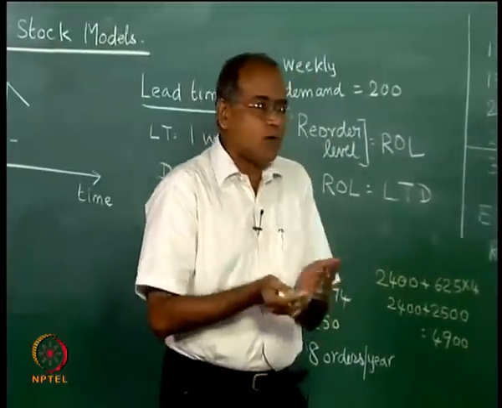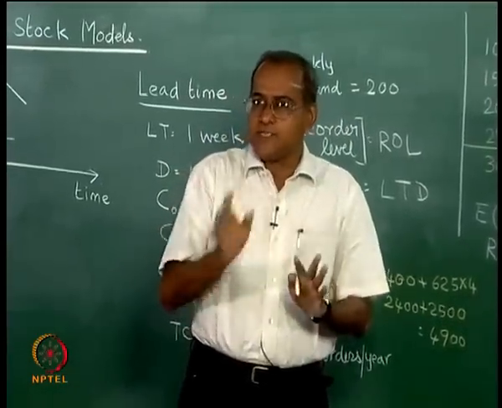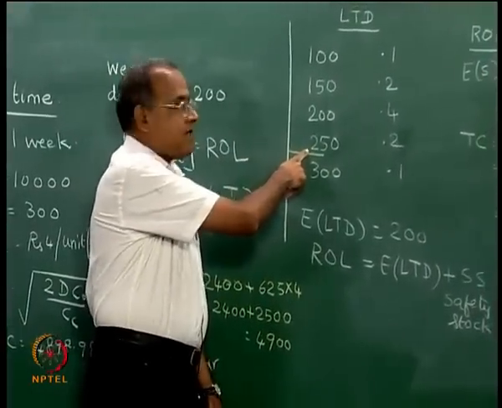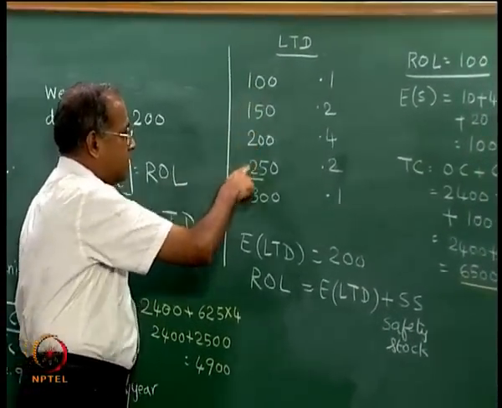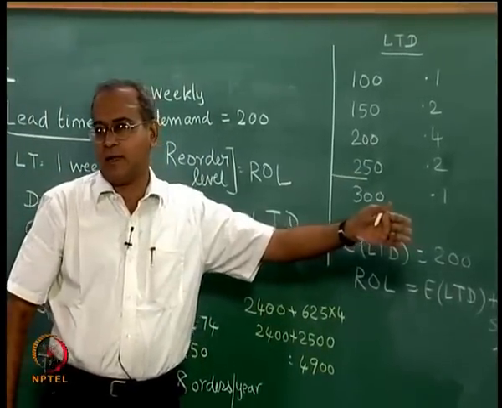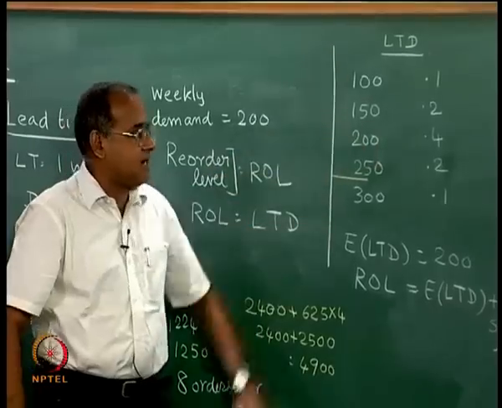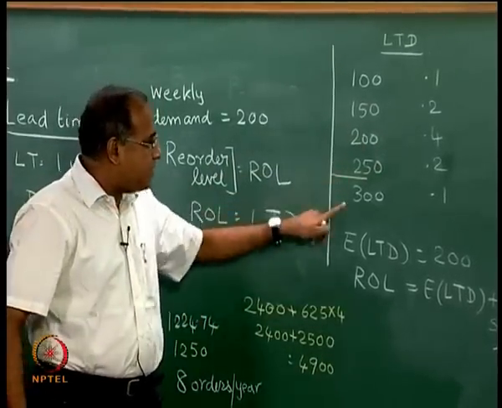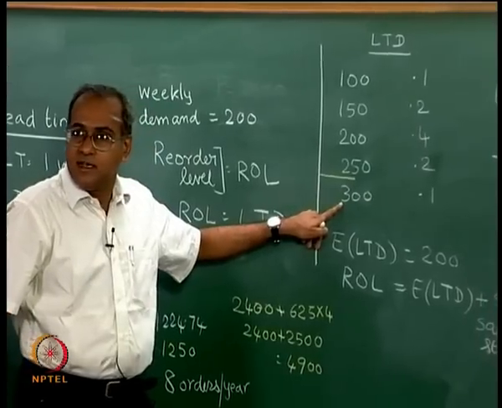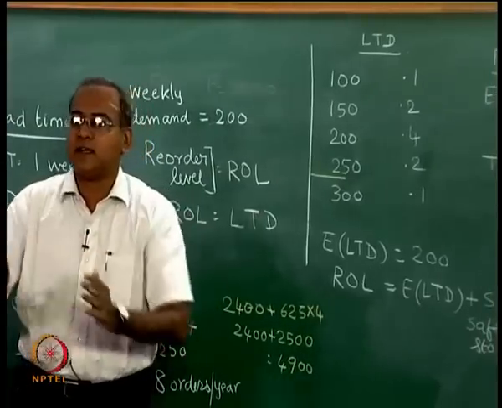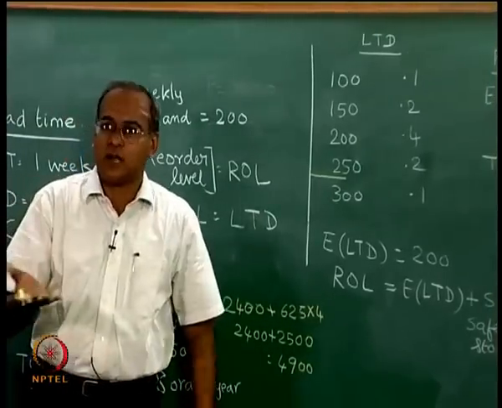There is also another quantity called fill rate, which is like this. Now if we have a reorder level of 250, if the demand is 100, 150, 200, 250, we will be able to meet all the demand during the lead time. So 90% of the times we are able to meet all the demand, and if the demand happens to be 300, we will actually meet 250 out of the 300. 50 is the only thing that is short.